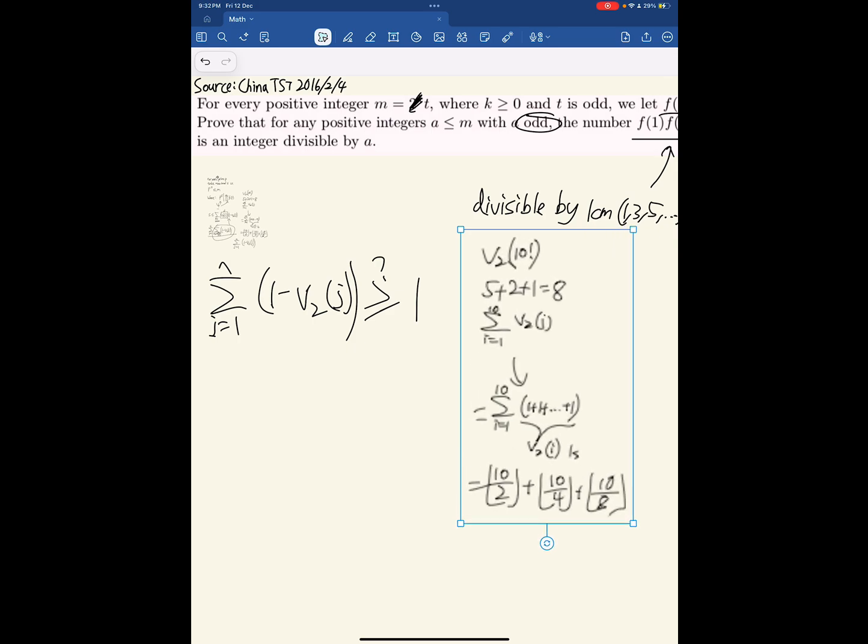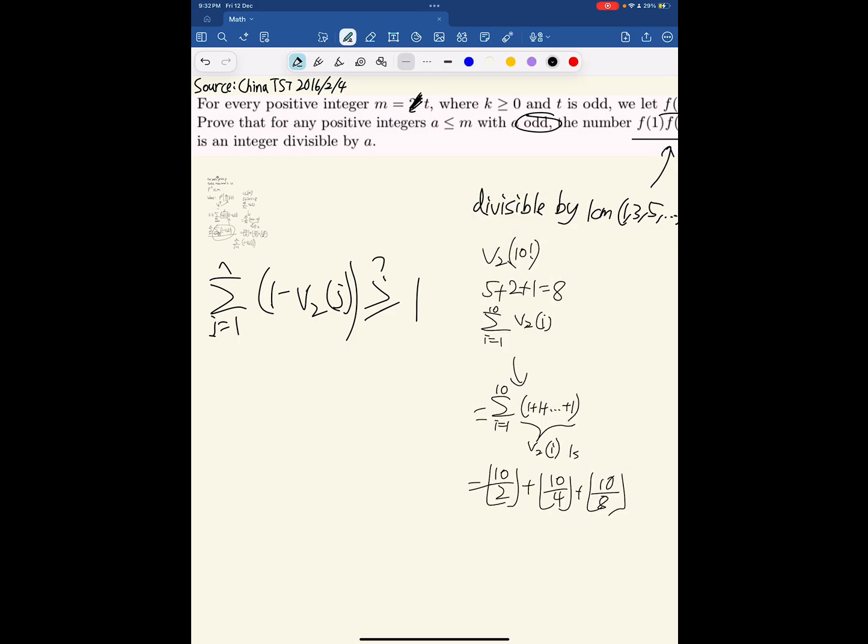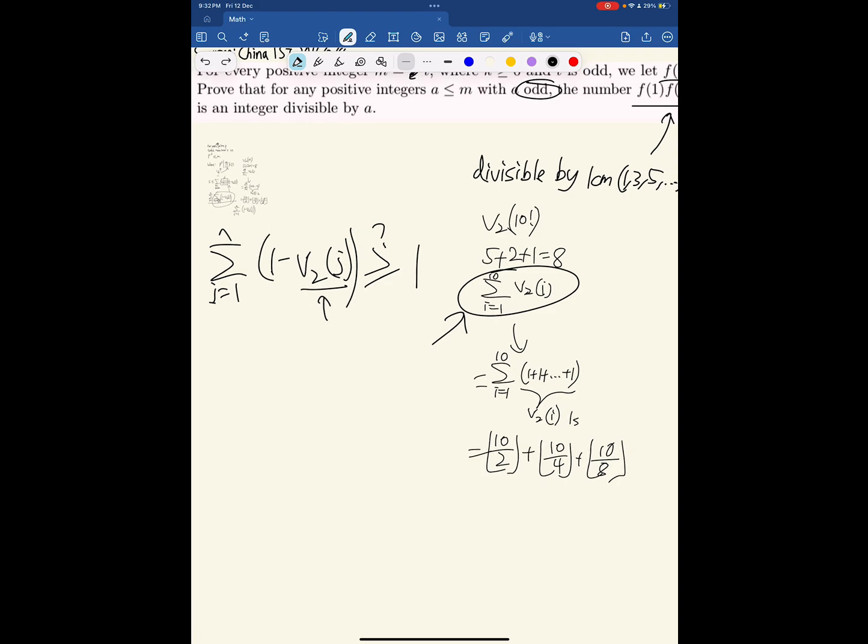If we bring back our calculations of v2 of 10 factorial, we see that we have the exact term appearing here. Basically, if n is 10, we see this appearing in this. Now let's just replace it by that. It's just n minus v2 of n factorial.